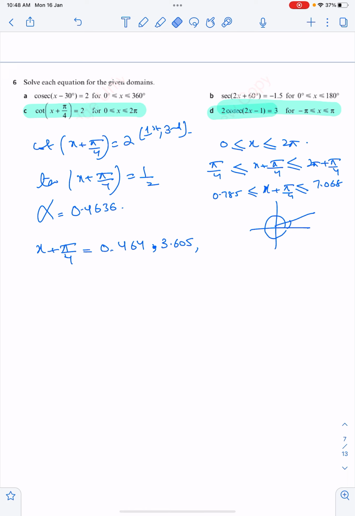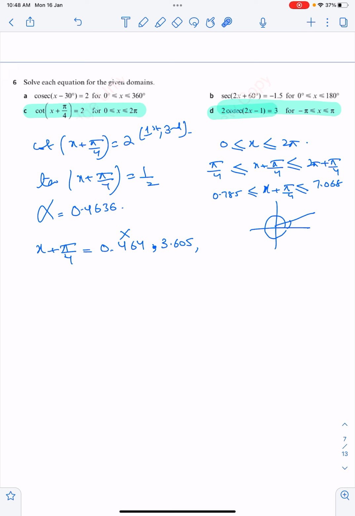You cannot take this angle. Why? Because the range starts from 0.785, so you cannot take it. This was for the first quadrant, but you cannot take it. Now for the next rotation, you have to add 2 pi to this one. So I'm adding 0.464 plus 2 pi and seeing whether it's in the range.